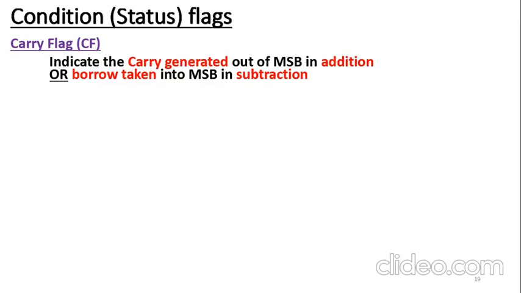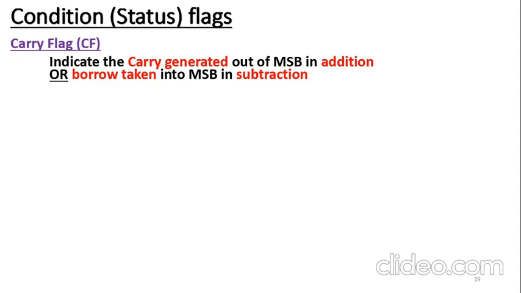The first condition flag is the carry flag, CF. Carry flag indicates the carry generated out of the MSB in addition. MSB stands for most significant bit. Whenever a carry is generated out of that MSB bit, the extreme left bit after addition, then the carry flag is set to 1.